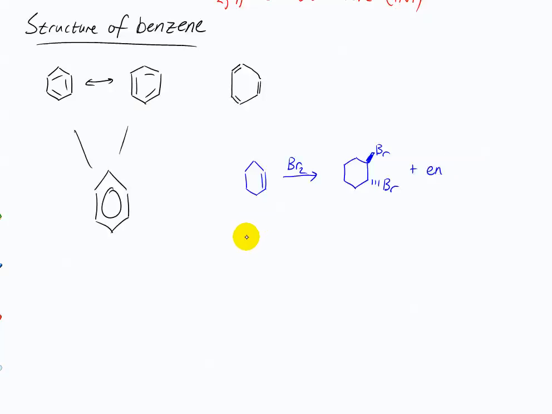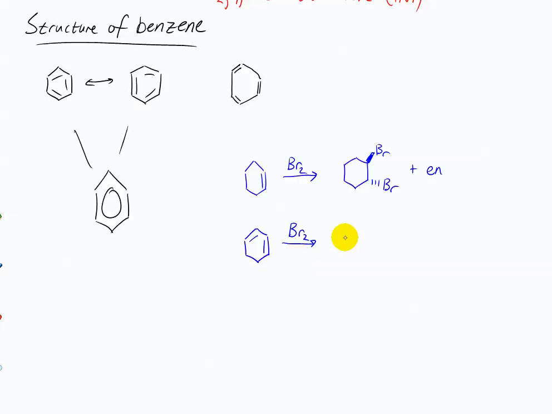Okay. What happens if you do that with benzene? Or actually, no, let's not get there yet. What happens if you do that with cyclohexadiene? Yeah, which is really one of two because they're the same.